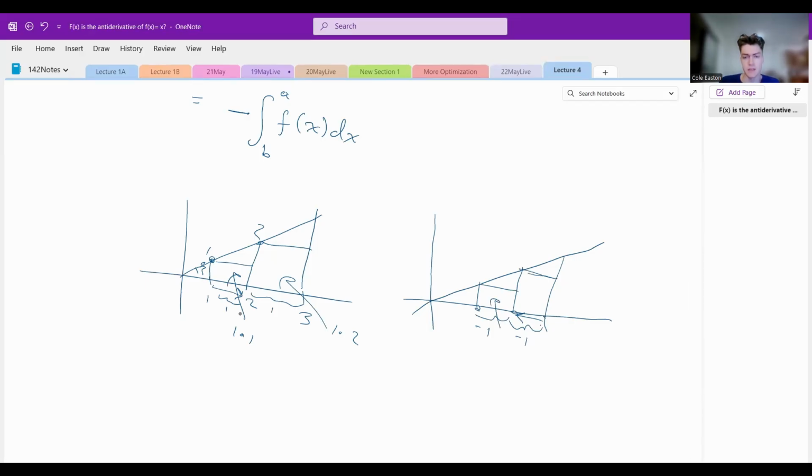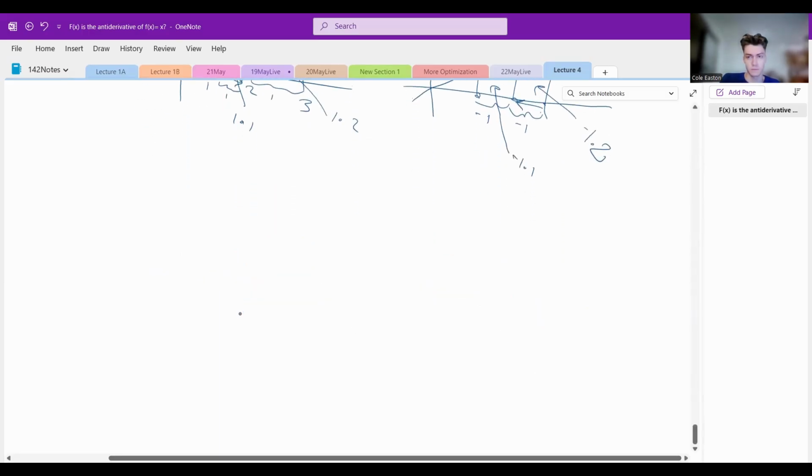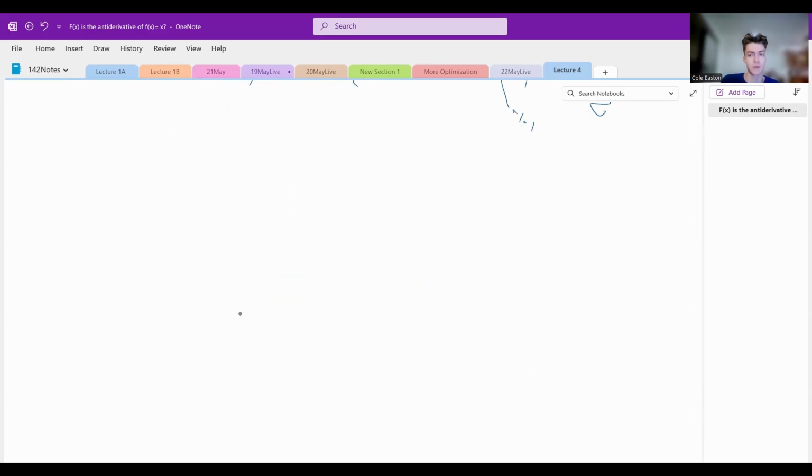So the area of this rectangle is -1 times 1, and the area of this rectangle is -1 times 2. It's just about the direction that we're moving. But geometrically, often we just like to think about these positive areas, at least as long as they're above the x-axis.